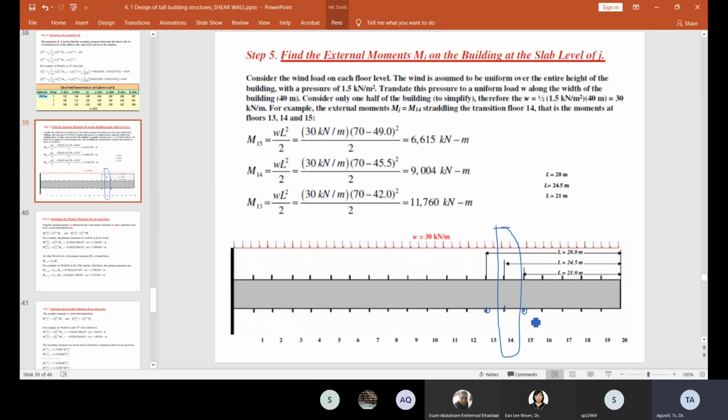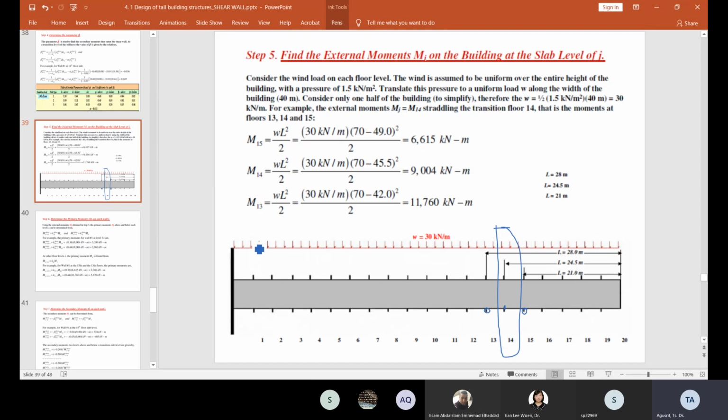So in order to know the moment at level 15, we use this equation, WL squared divided by 2. We have W as 30 kilonewton per meter, this UDL, multiplied with the lever arm length. For level 15 it is 21.